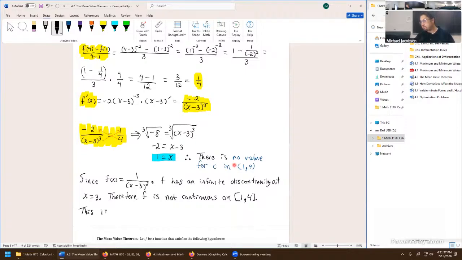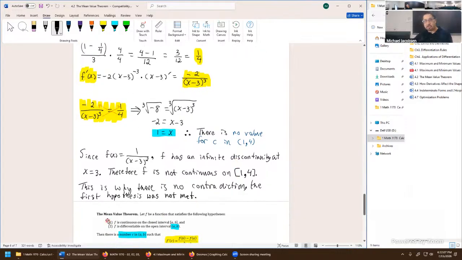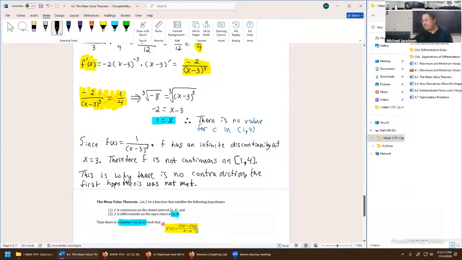This is why there is no contradiction: the first hypothesis was not met. So if we don't meet the hypotheses, continuity being just as important as the closed interval, just as important as differentiability, no guarantee that the conclusion is going to work as intended whatsoever.